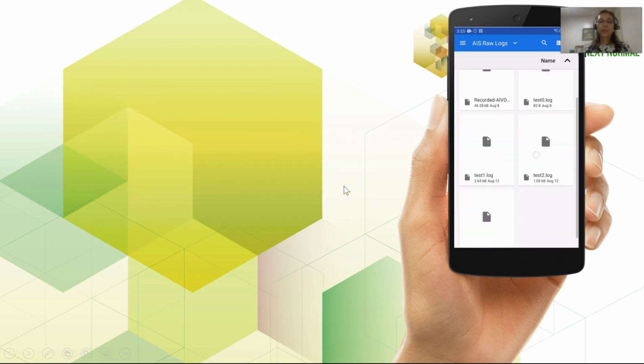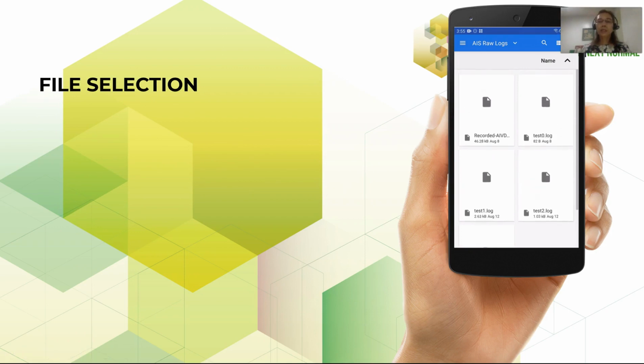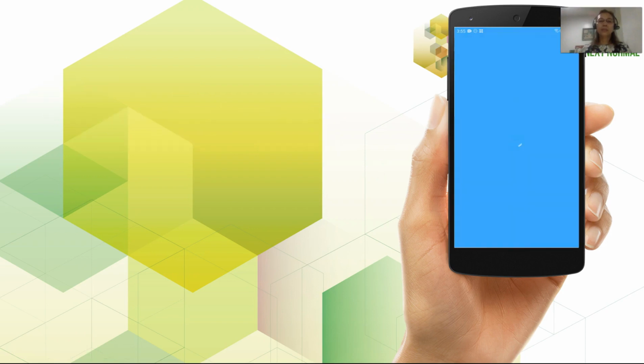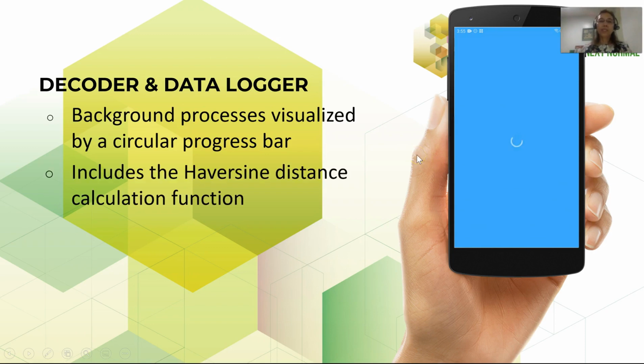For the input selection, we have the files in the mobile phone that we displayed on the screen. Then we have the decoder and data logger. This one shows what the activity is, usually visualized by a circular progress bar, just like what our normal app would show when it is processing.